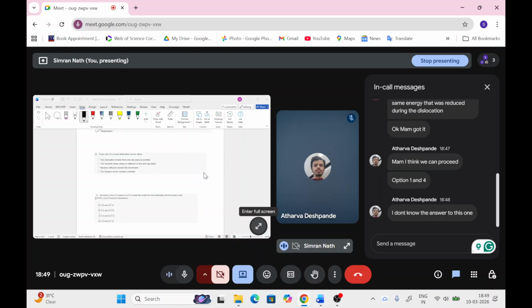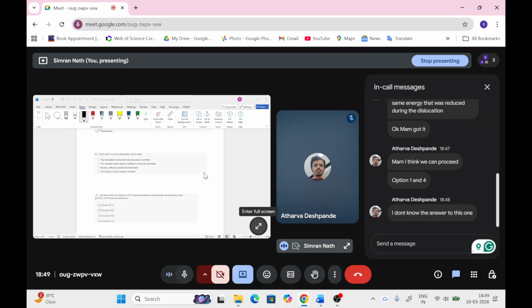Cross slip occurs in the screw dislocation, moving from its principal slip plane to another slip plane. Motion of the screw dislocation on the secondary plane requires sufficient shear stress. So the resolved shear stress should be sufficient in the new slip plane. So the second option is also correct.